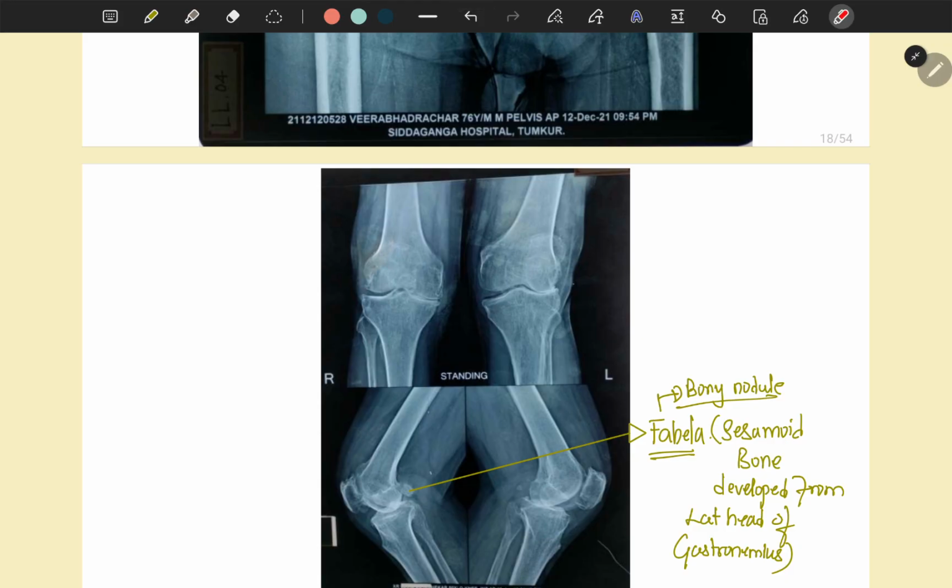And similarly in the tibia, you can see the medial condyle, lateral condyle, and the intercondylar area, where the intercondylar tubercle will be present.